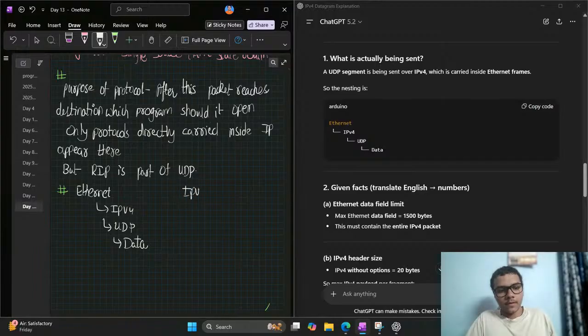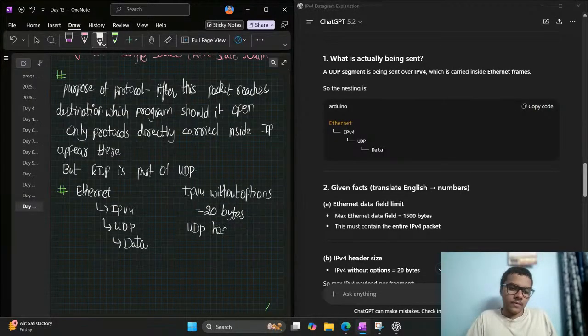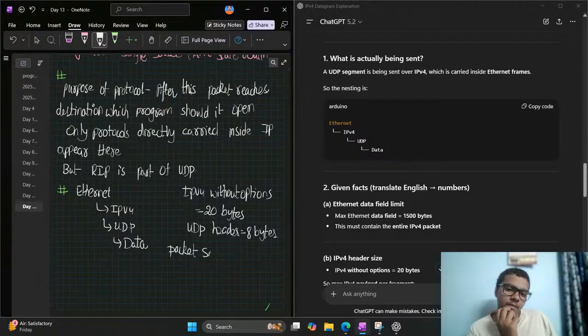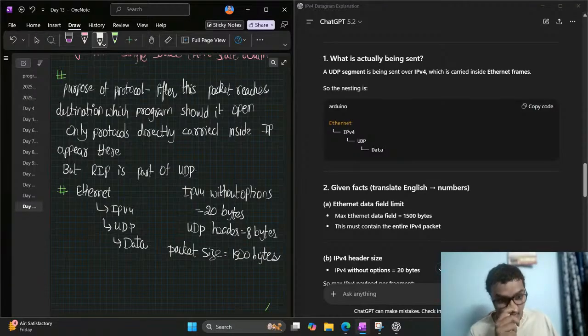So IPv4 without options is 20 bytes. We need to know them. UDP header is 8 bytes. So 28 bytes. Packet size is given as 1500 bytes, and the fragmentation rule is multiples of 8 bytes.